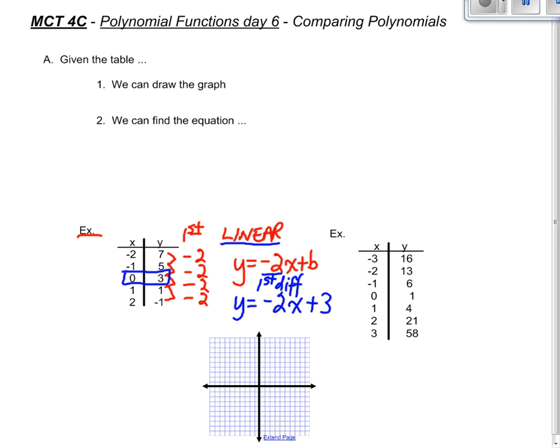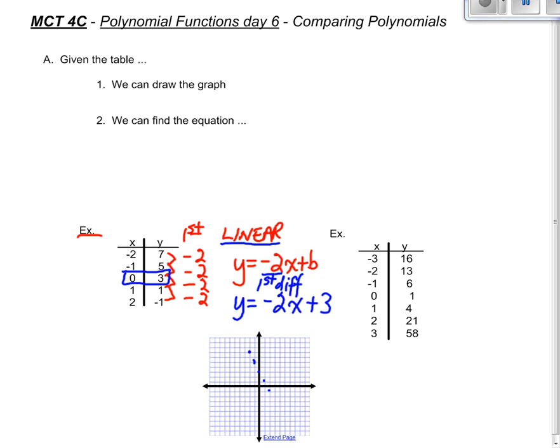We can draw that by plotting the points, or assuming that that is an equation that goes for infinity. So we're going to do both. One point is minus 2, 7. 5, 6, 7, there. Minus 1, 5. 0, 3, 1, 1, and 2, minus 1.